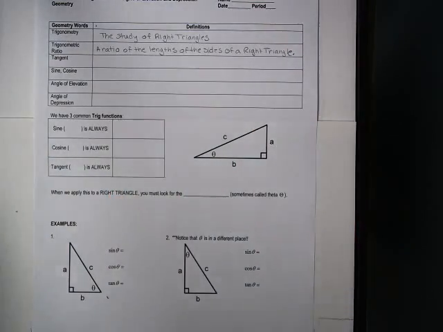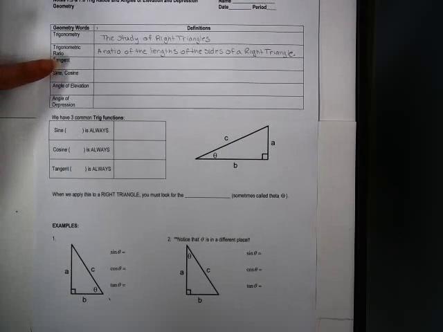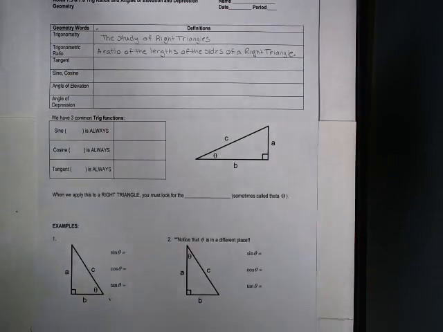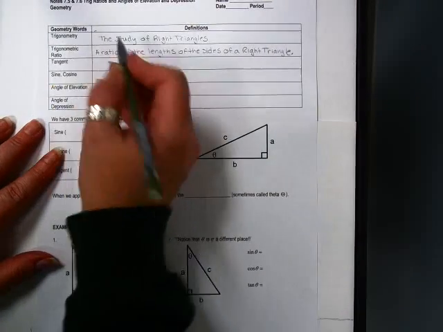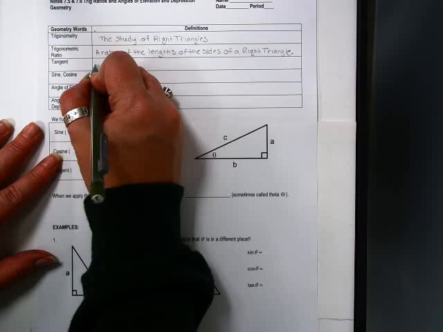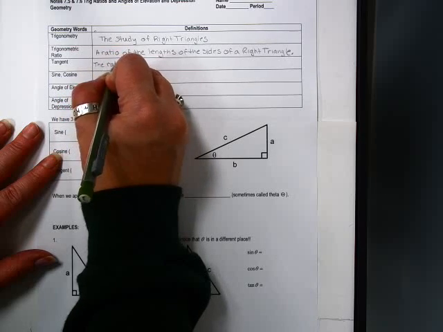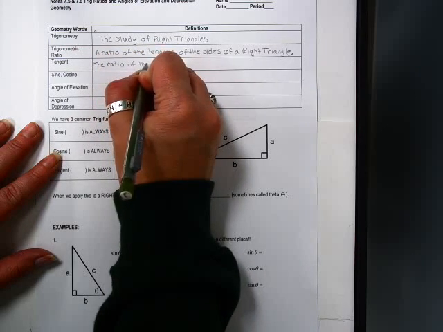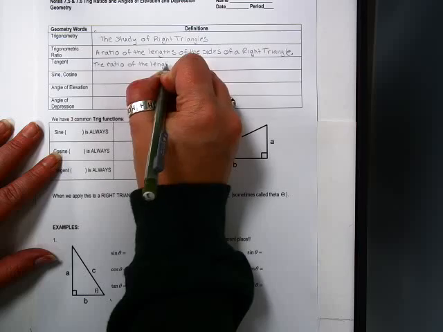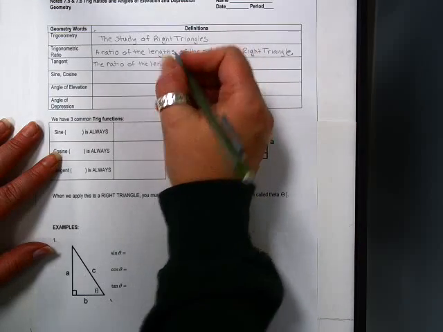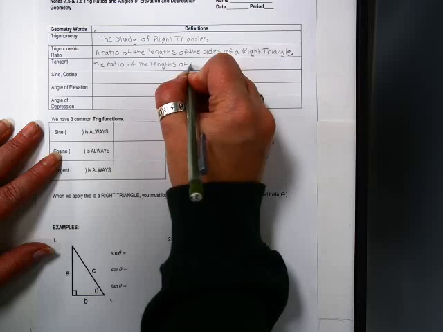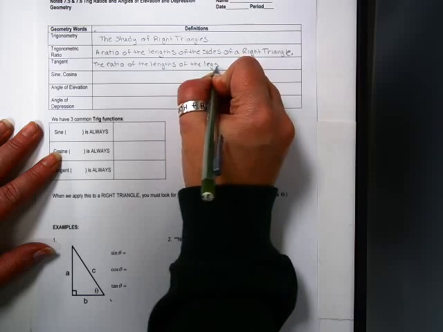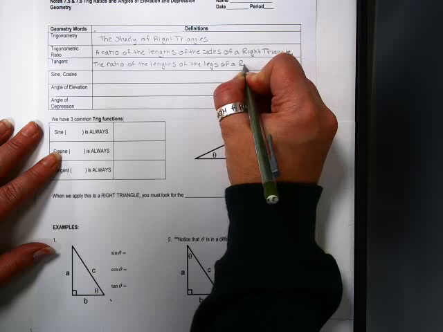There are three of them that we study: tangent, sine, and cosine. These are the names of the three trigonometric ratios that we are going to be studying. The first one, tangent, because it's a ratio, it's the ratio of the lengths of the legs of a right triangle.